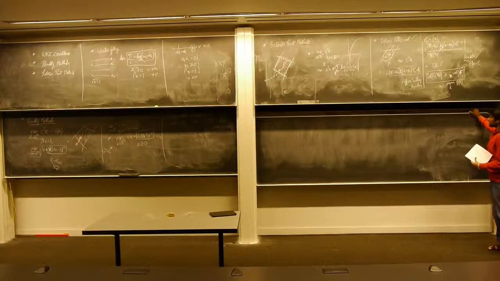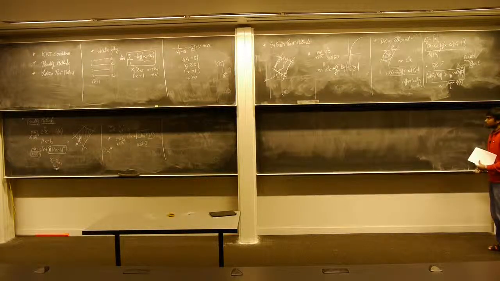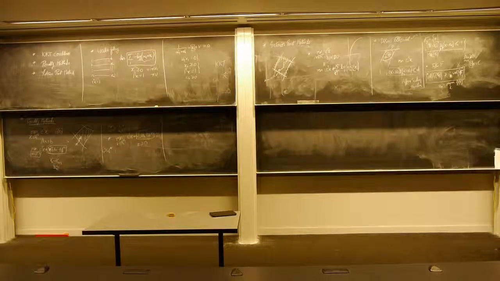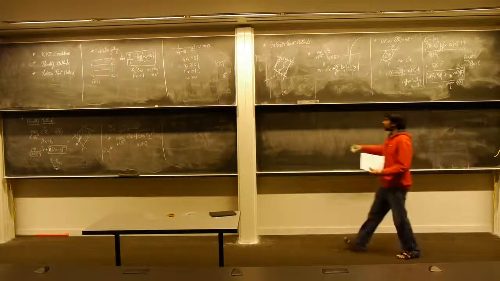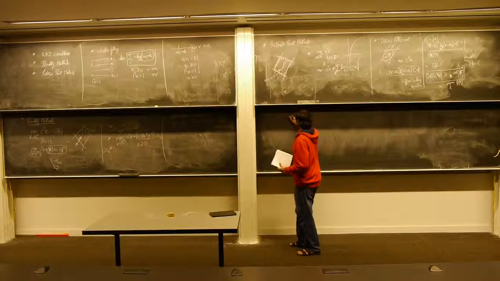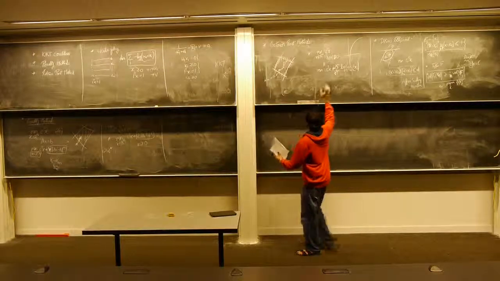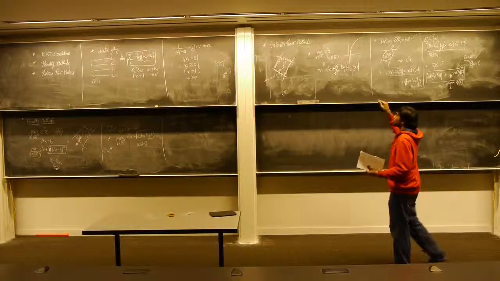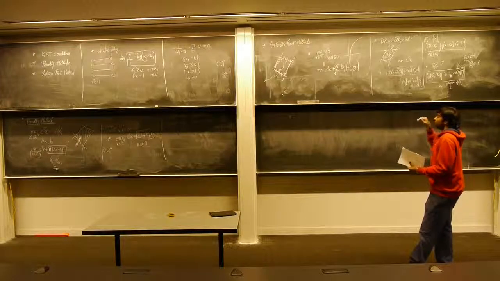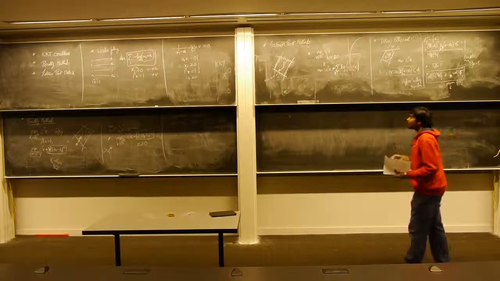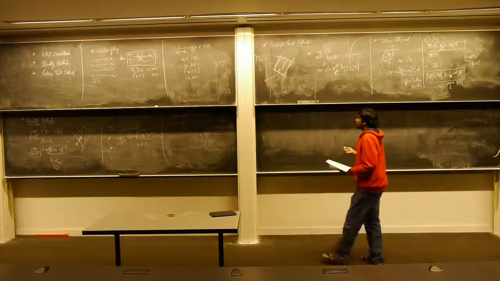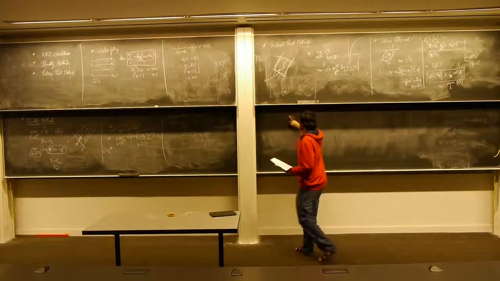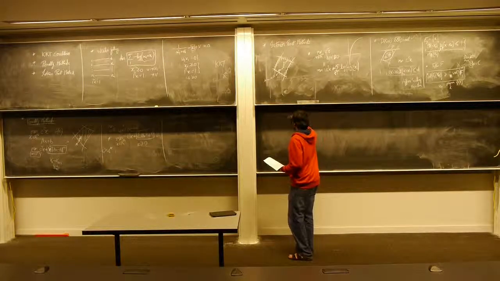So one final remark about this is: how do you find this feasible point initially? For all these algorithms, you need to start with some feasible interior point. So how do you actually find the feasible interior point? That's the question. So suppose I have again this same problem, right?